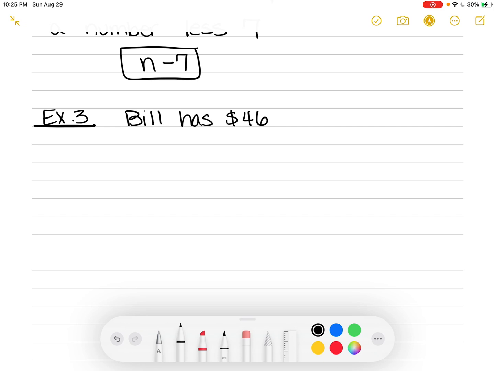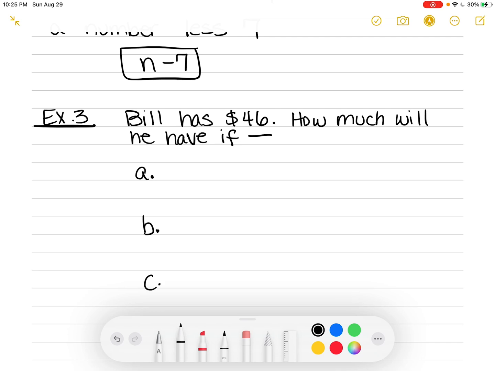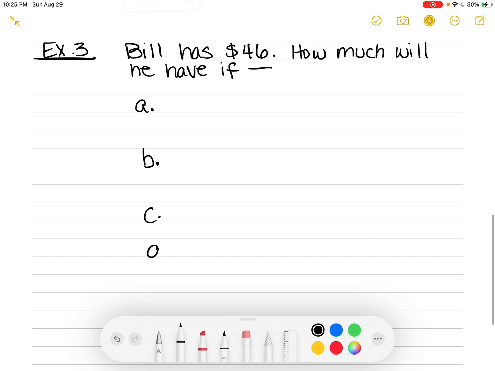How much will he have? Make sure you're writing all of this. If, and now they want you to say for each of these, A, B, C, and D. If on A, he spends $5.